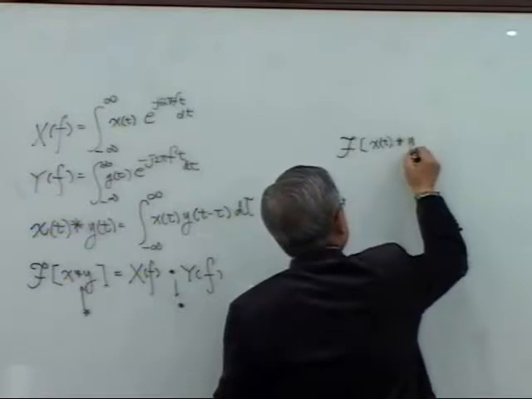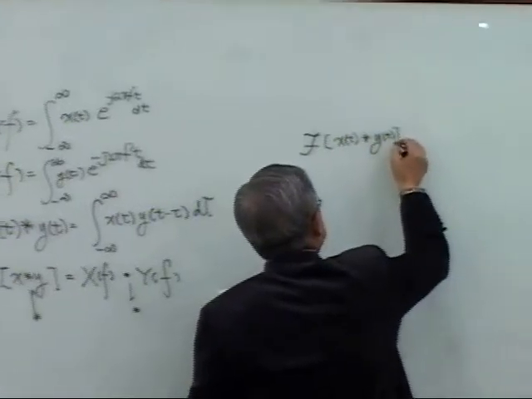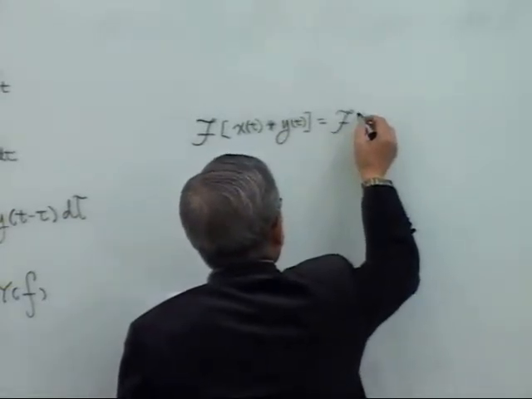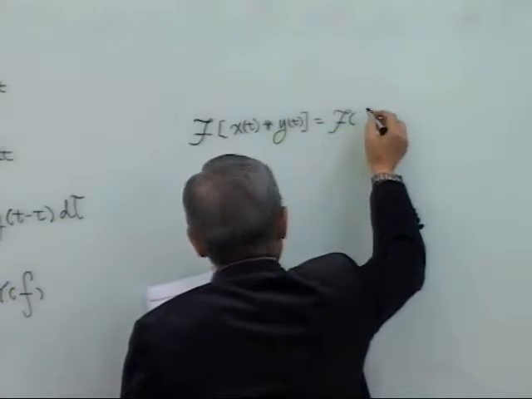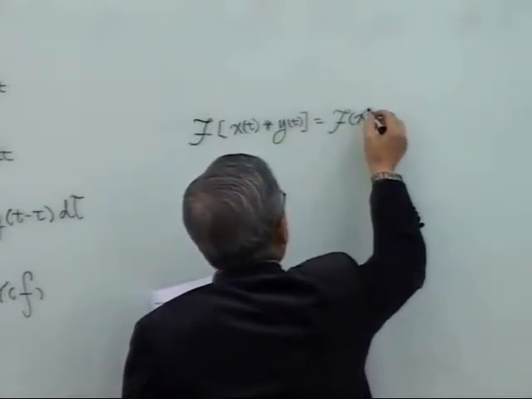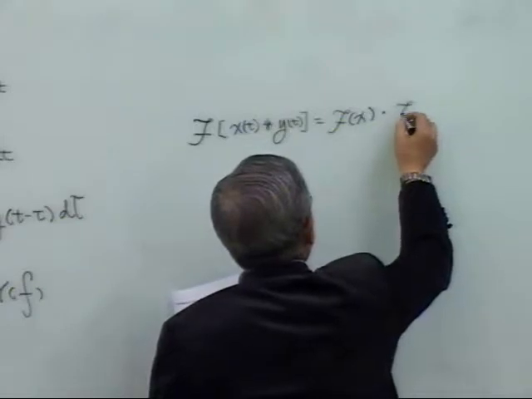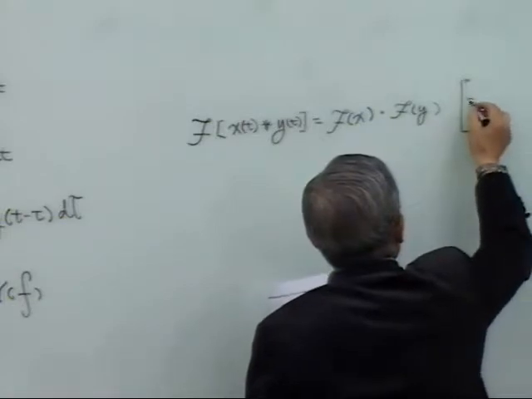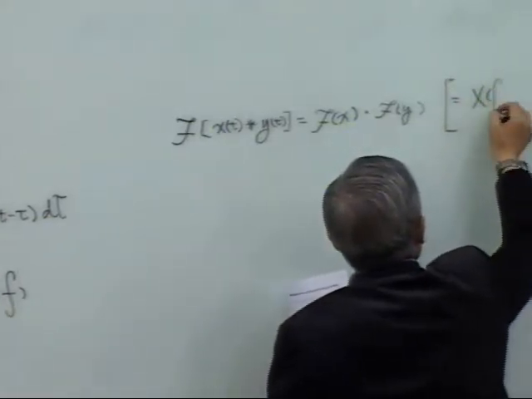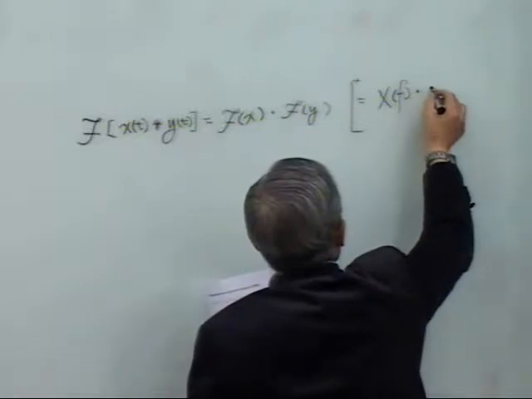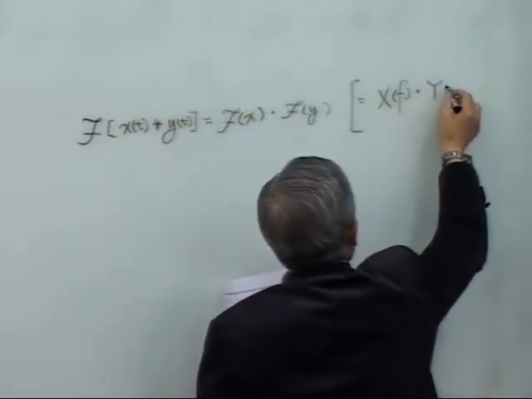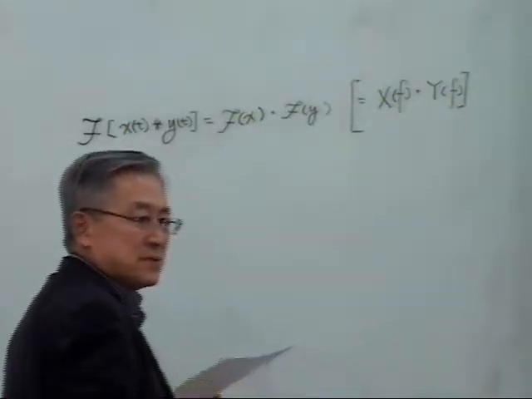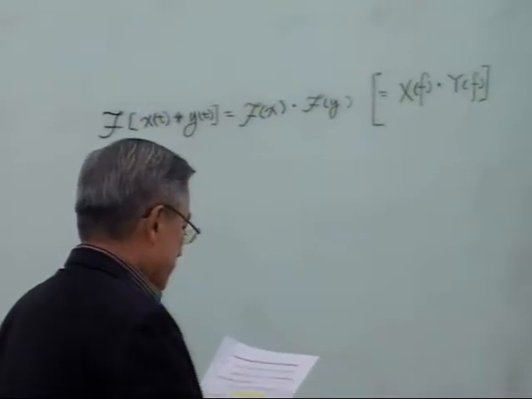This guy, the y, is a Fourier transform of x, multiplication of the Fourier transform of y. Simply, I use this guy as xf multiplication yf. Very straightforward, but sometimes it's confusing.